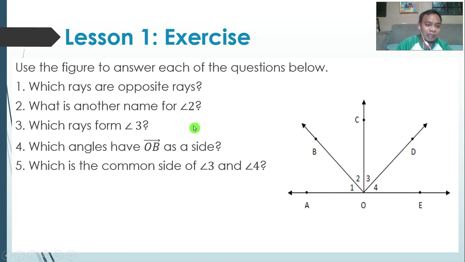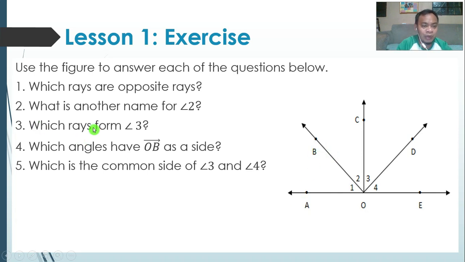So, they are opposite rays. Okay. Second, what is another name for angle 2? Where is angle 2? Angle 2 is here. Diba? This one. This is our angle 2. So, the other name of angle 2 is angle BOC, or COB. Okay, this is another name of angle 2.